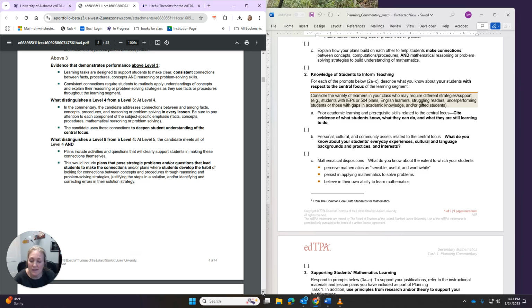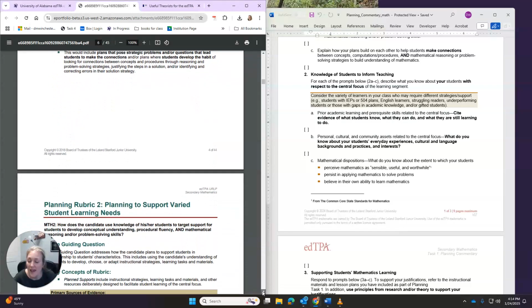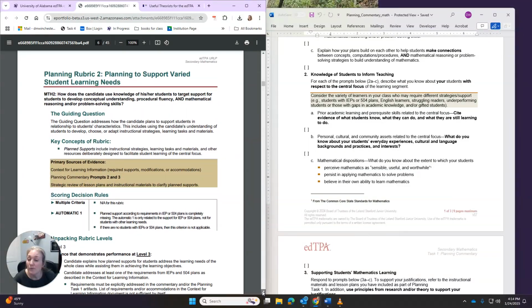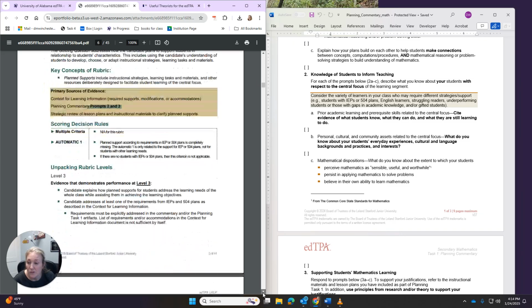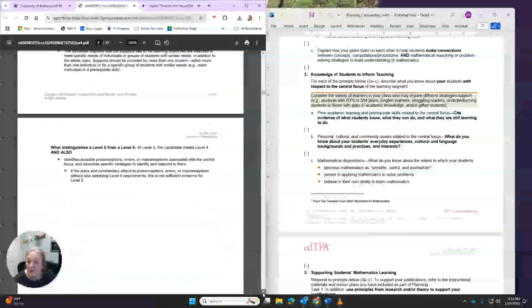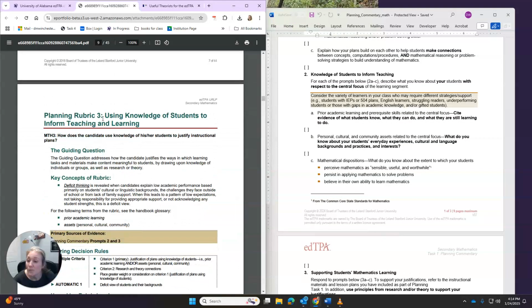As I am looking at my rubric, rubric 2 is being scored by prompt 2 and 3. Rubric 3 is also being scored by prompt 2 and 3.